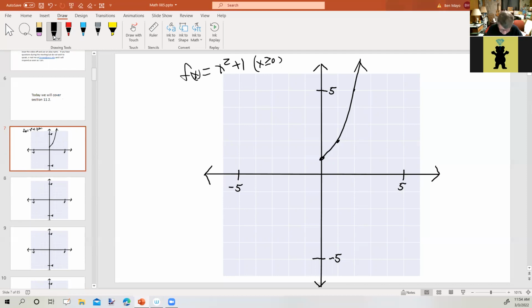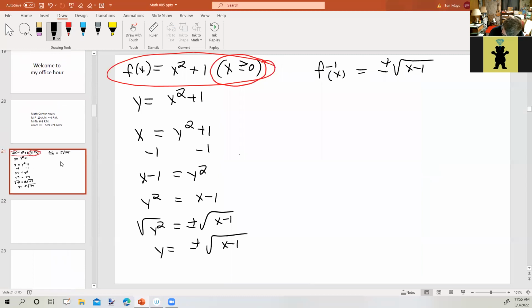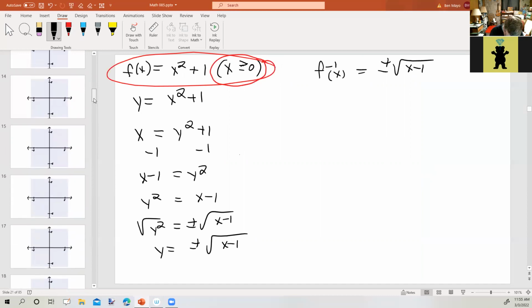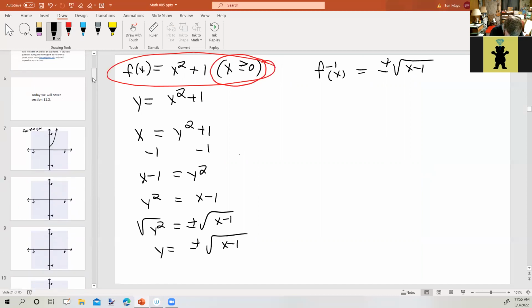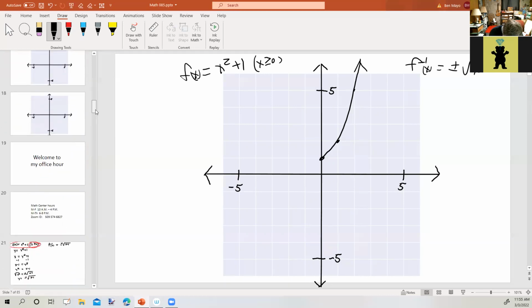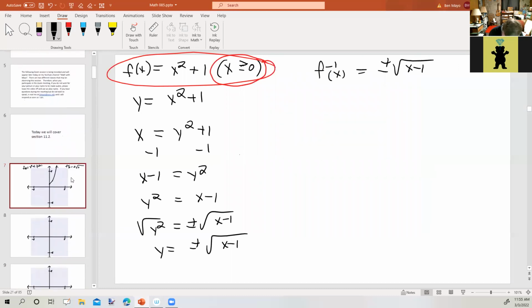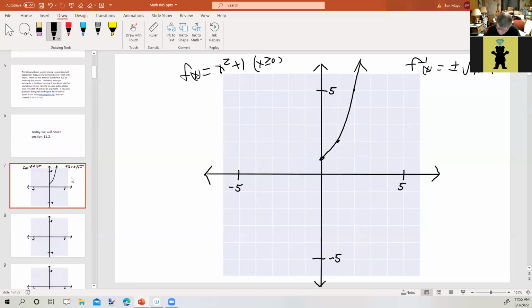Okay. Now, let's take the inverse function. F inverse of x equals plus or minus the square root of x minus 1. So that's what I had for the inverse function.